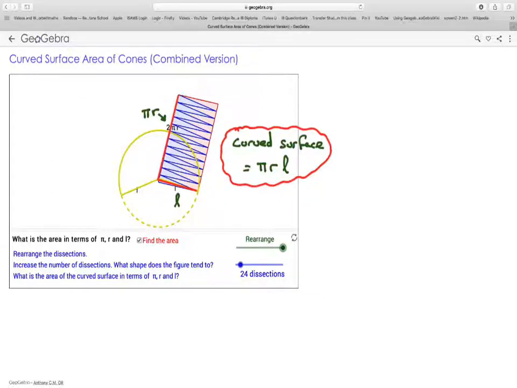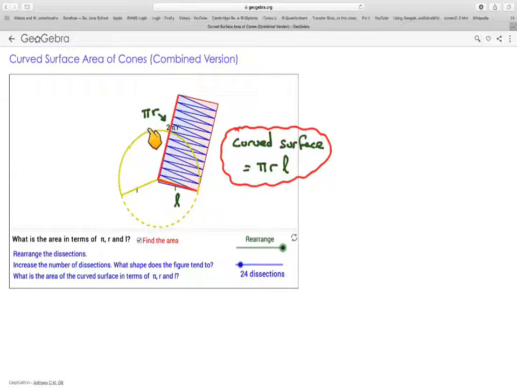If we need to find the total surface area of the cone, we need to take that and add it to pi r squared, which is the area of the base. Remember L is the slant height. So what we've done here, we've taken a cone, we've cut it, we get what's known as a sector.